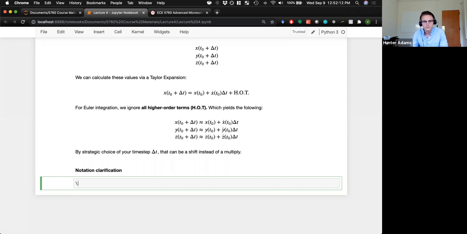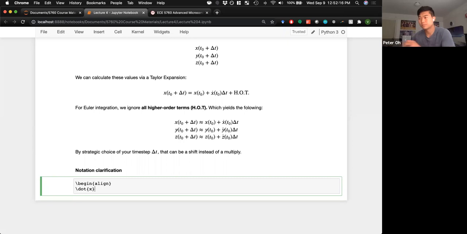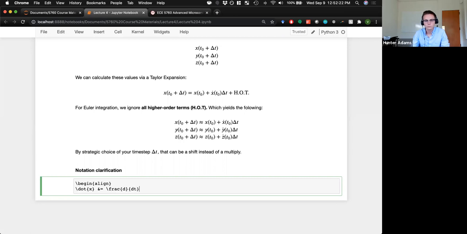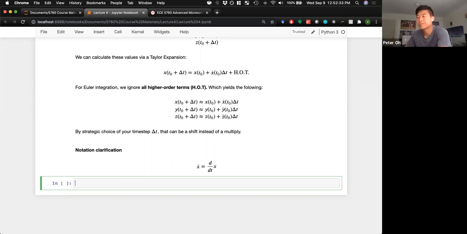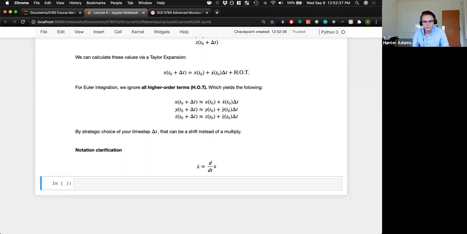I think Newton liked dots, but it just means the following. Dot x is the same as the derivative with respect to time of x. It's just a little more tidy. Any other questions? Okay.